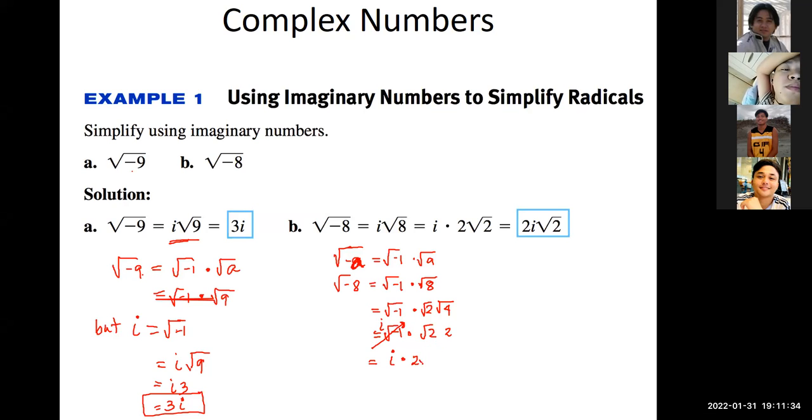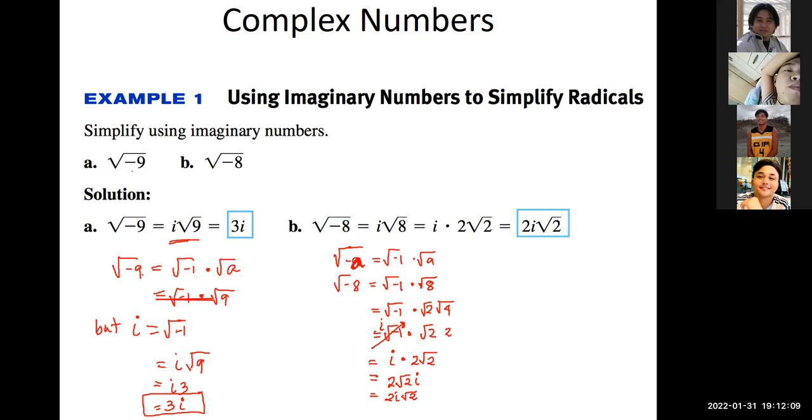And then wala naman tayong perfect square root for 2. We could have that square root of 2. So writing this in the standard form, wherein we write first the real number, which are the 2 square root of 2, and then the imaginary unit I. So that will now be 2i multiplied by the square root of 2.